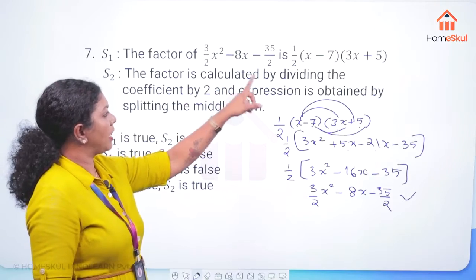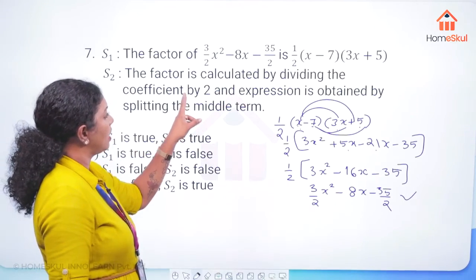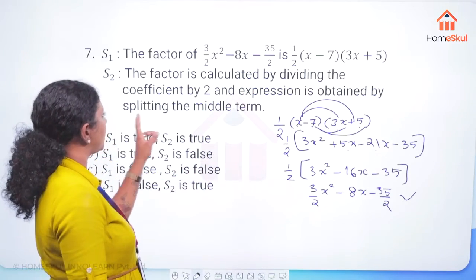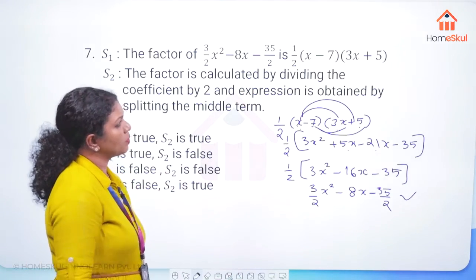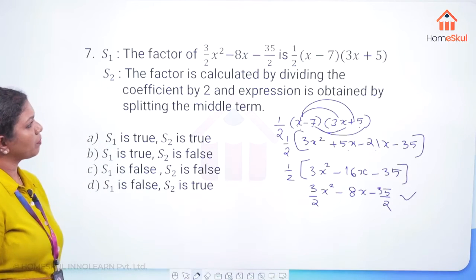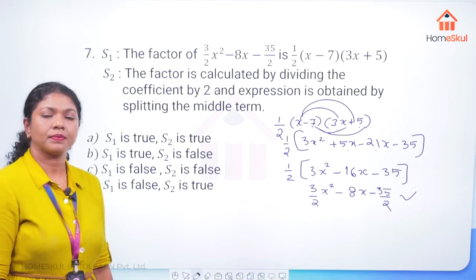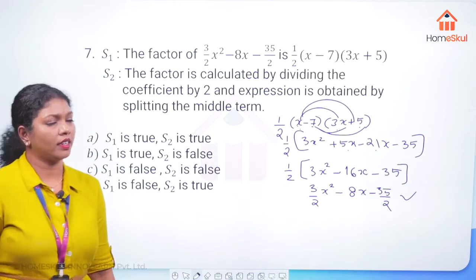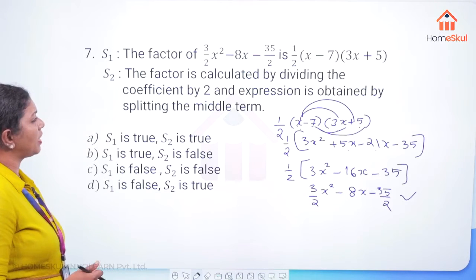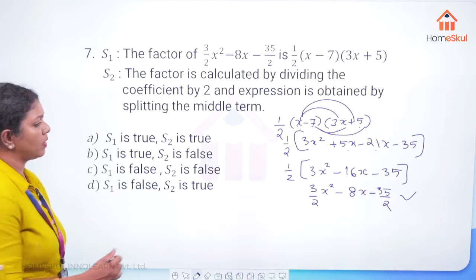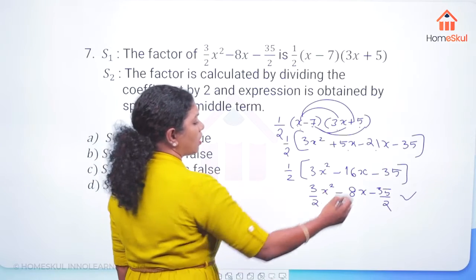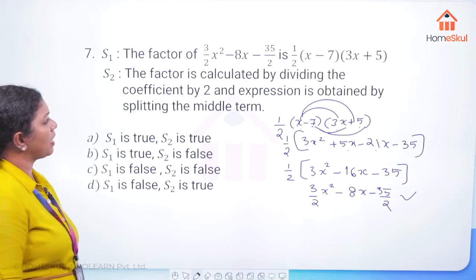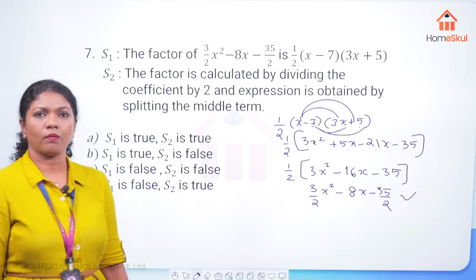Factor is calculated by dividing the coefficient by 2, and expression is obtained by splitting the middle term. Was it so? Yes, all the coefficients are divided by 2. Okay, and the expression is obtained by splitting the middle term.